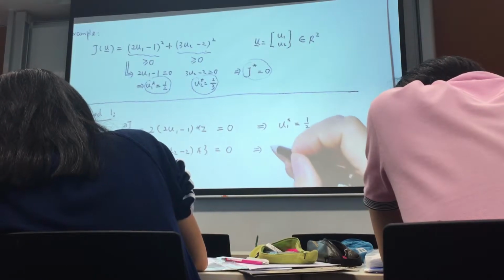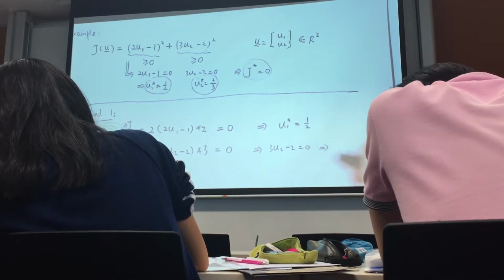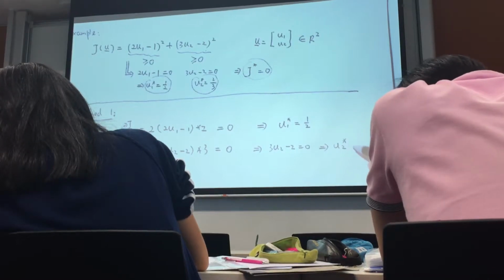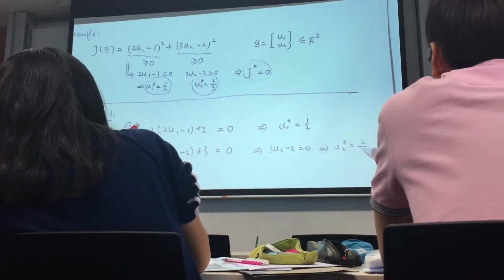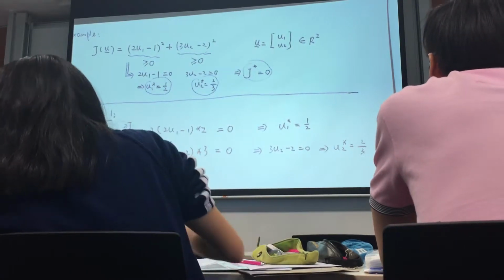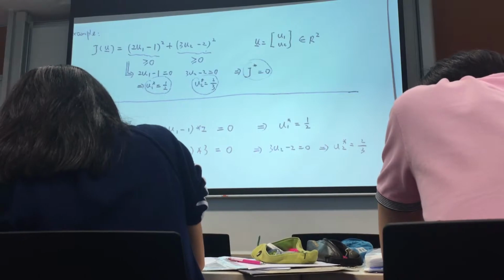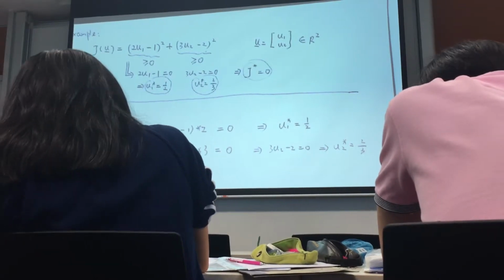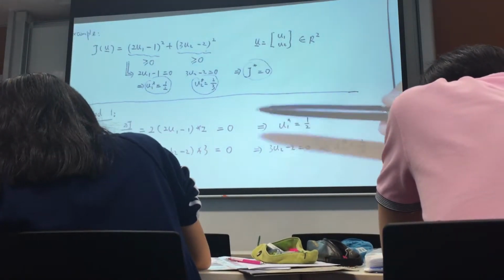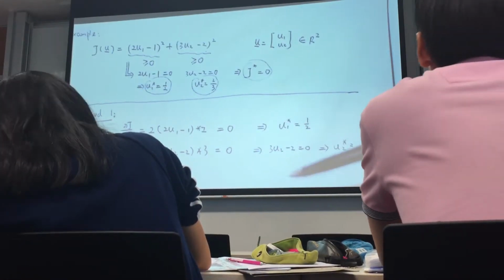We get 3u2 minus 2 equals 0, so u2 star equals 2 divided by 3. Right, any questions here?